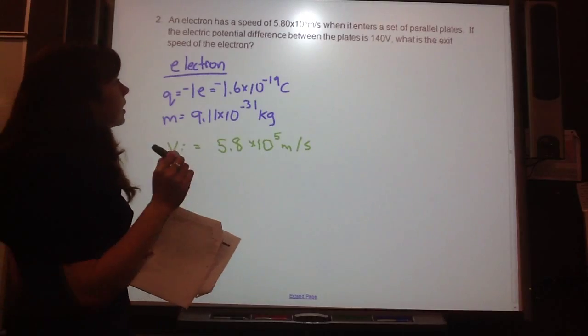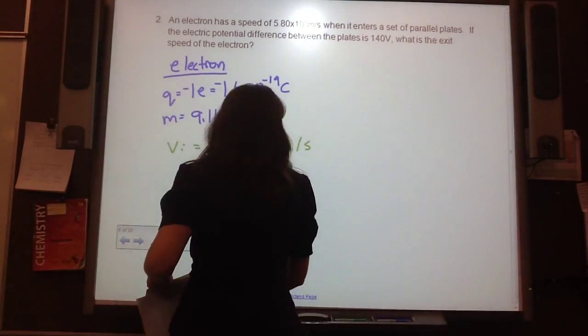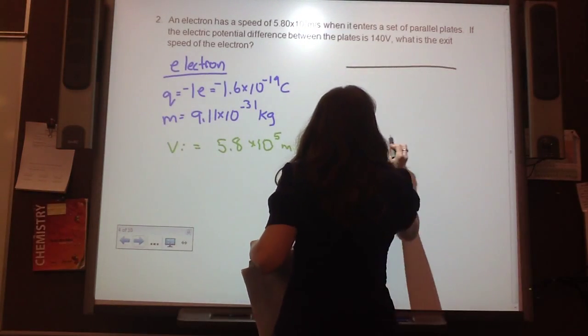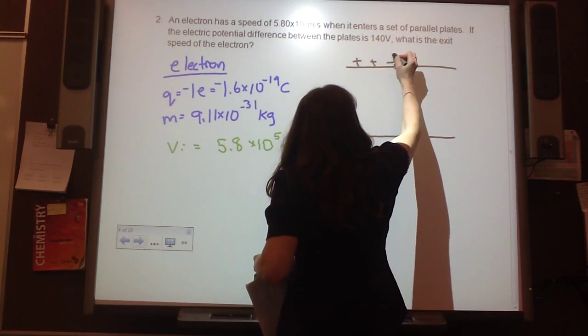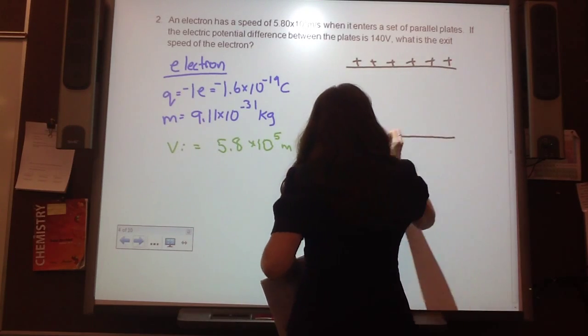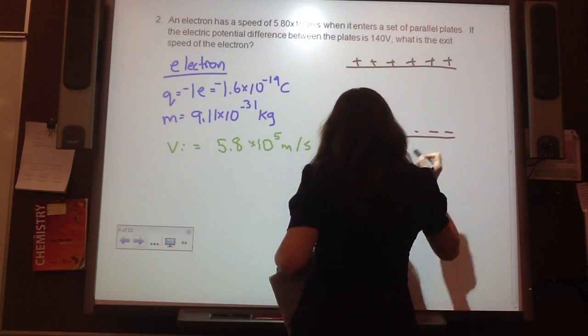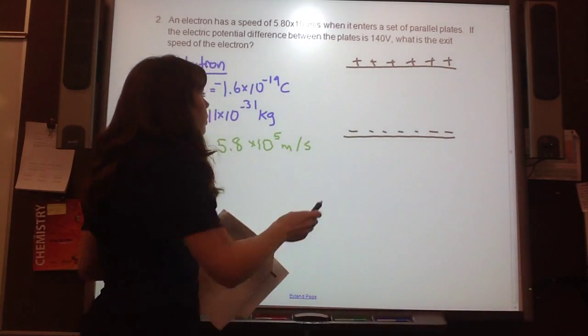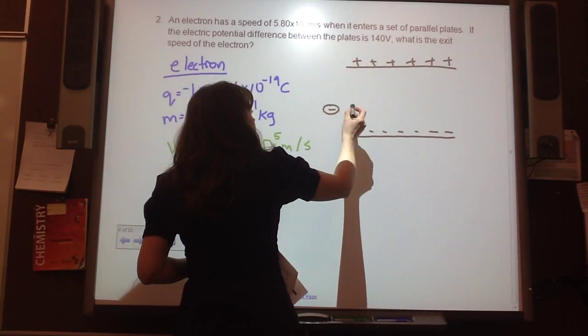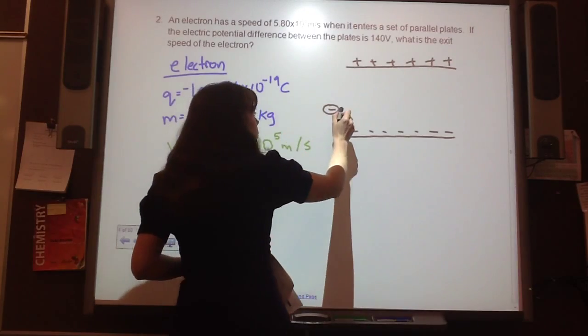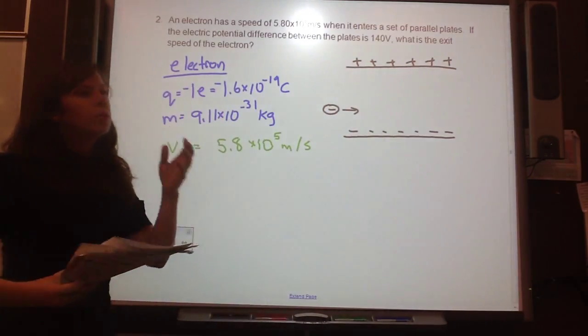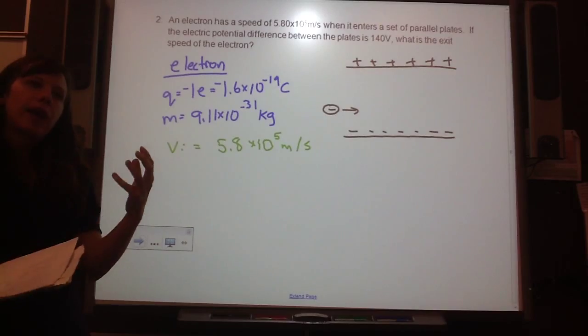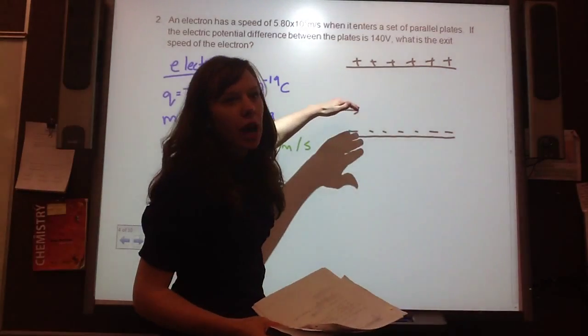When it enters a set of parallel plates, let's just draw parallel plates to get an idea of what's happening here. Let's say it enters here. When it says in questions that a particle enters the plate, it needs to enter from the side.